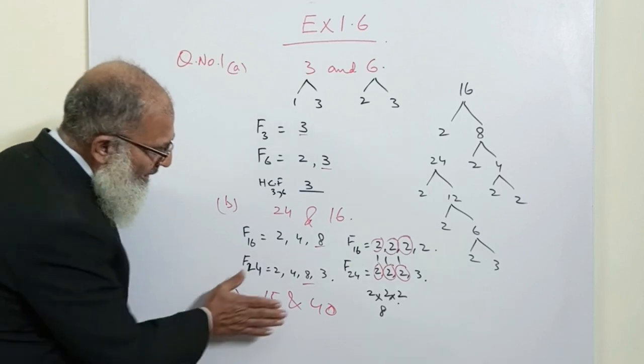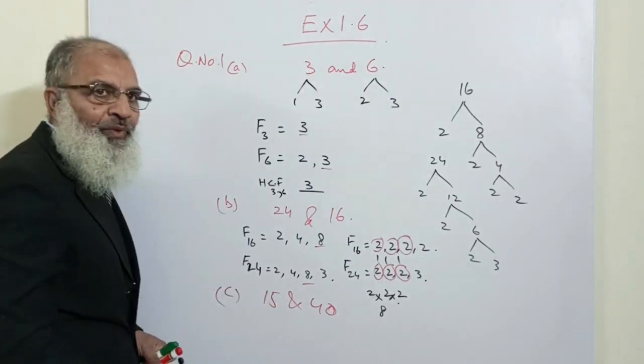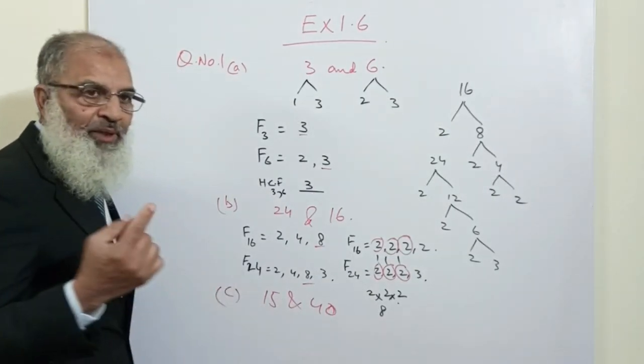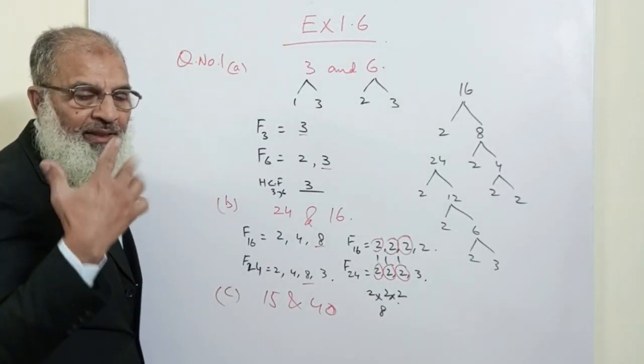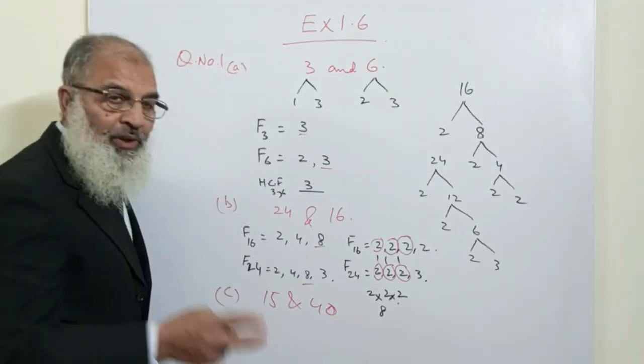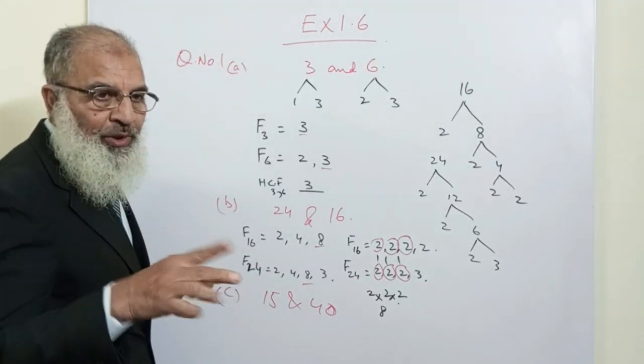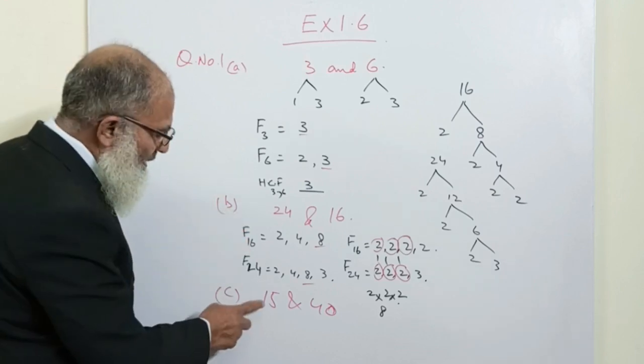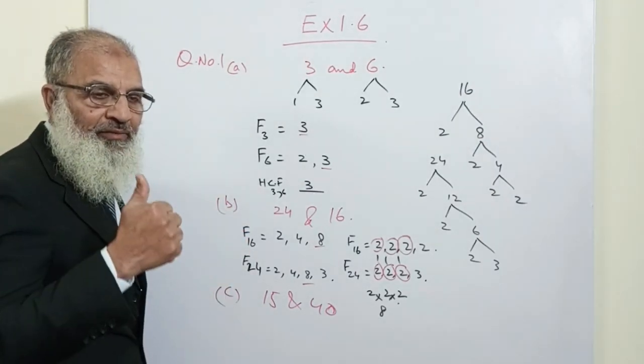But if you get only 0 at the end, it can be divisible by 5, 10 and 2. If you get 0, it is divisible by 2, 5 and 10. But if you get 5, it is divisible by 5.